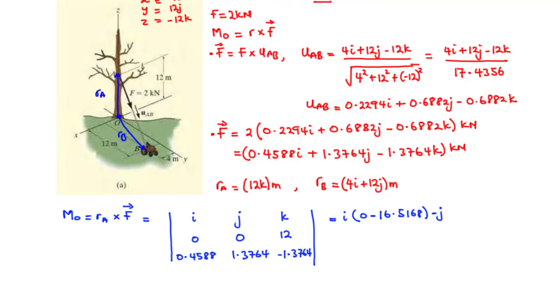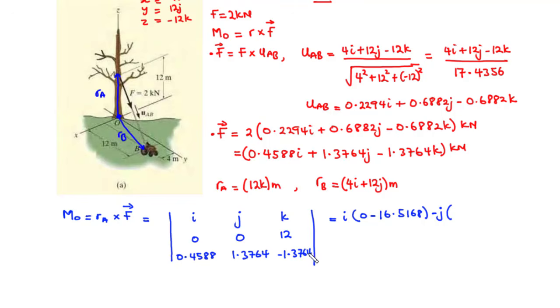We select j and cancel the row and column containing j, and we are left with 0, 12, 0.4588, and negative 1.3764.